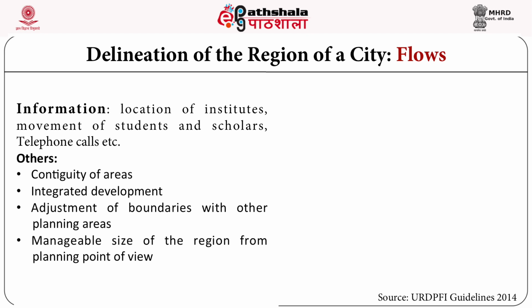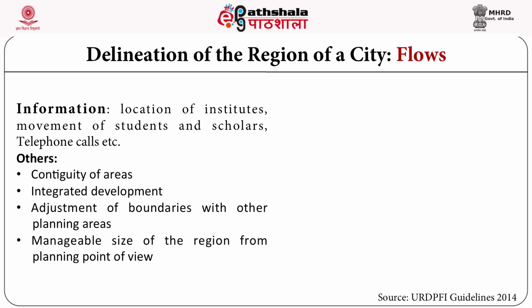Another parameter for delineation would be the environmental aspects, because we said that environmental conservation was also a part of regional development or planning, the purpose of regional development. So we identify the environmental resources, the watershed areas. Maybe it's a hill area or where there are a lot of water bodies, water channels.